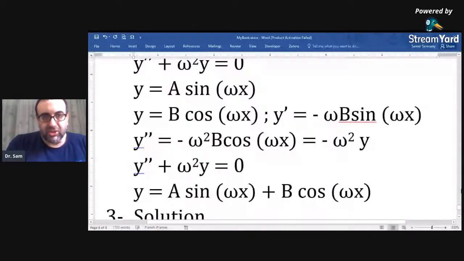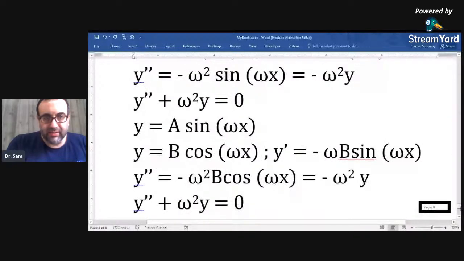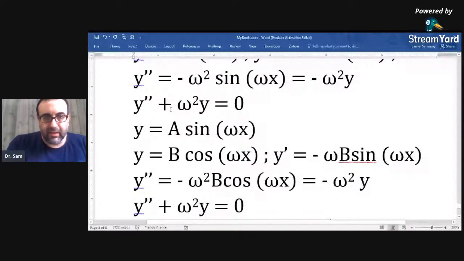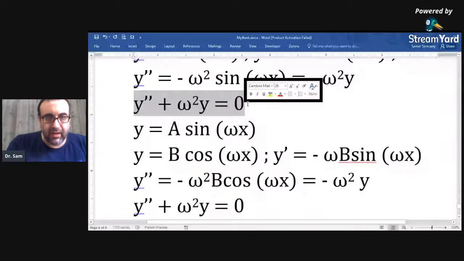So we can remember that y double prime plus omega squared y equals 0 is a differential equation of second order because we have here a second derivative. So we call this a second order equation.